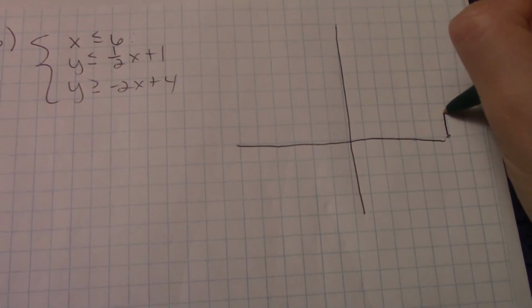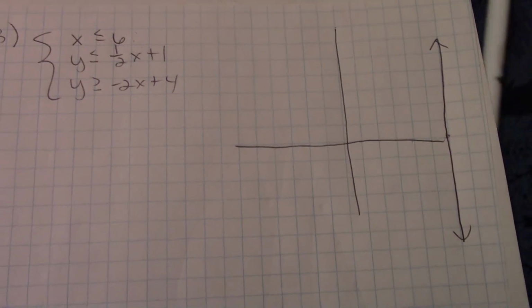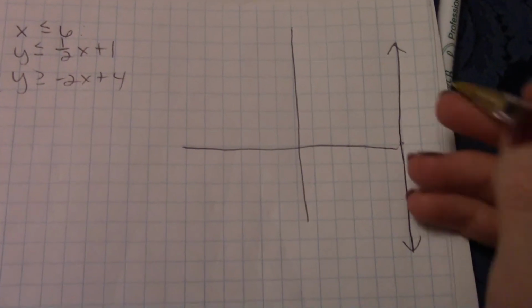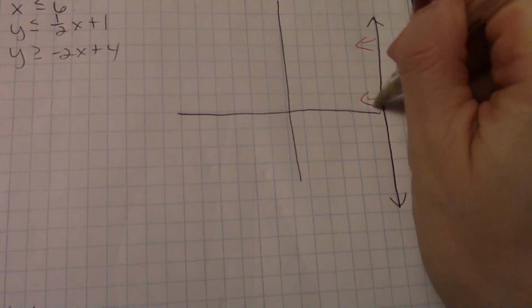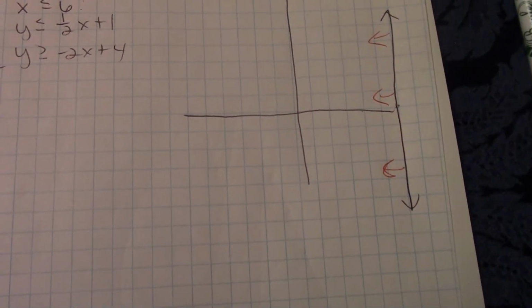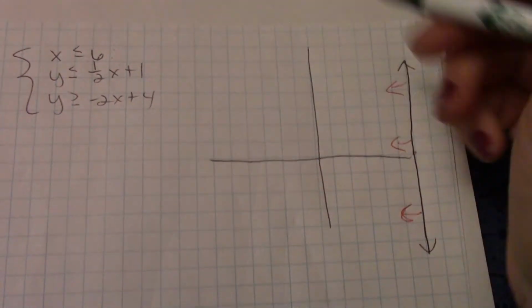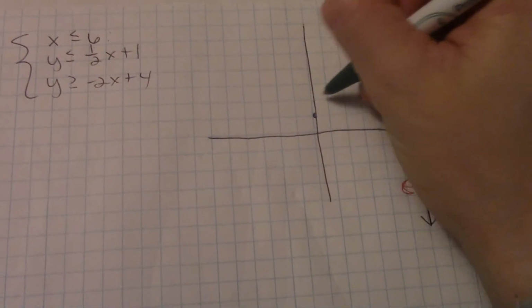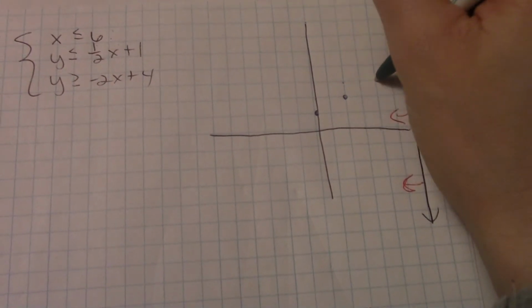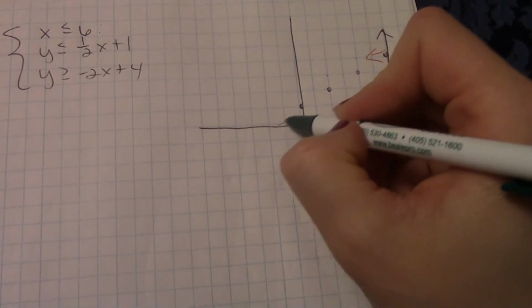So this line here, and it needs to be less than that. So less than is this way. Then we have y. These are both solved for y, so we're good. So plus 1. Then from there, up 1, right 2. Up 1, right 2. Up 1, right 2. And I need to go to where they connect here.